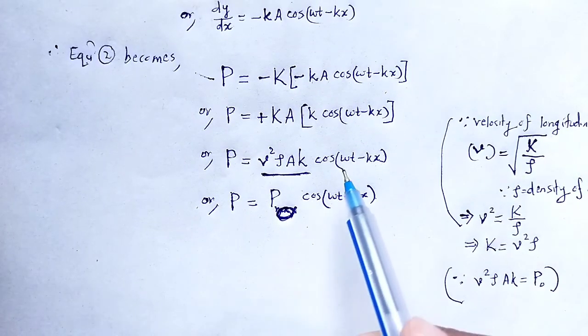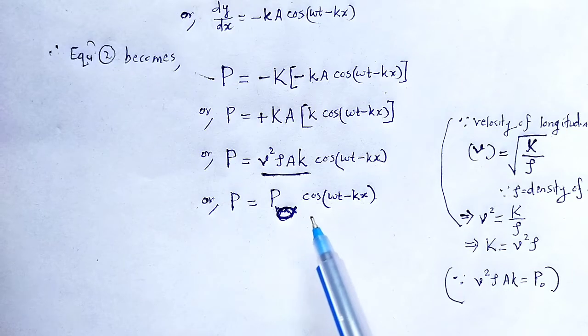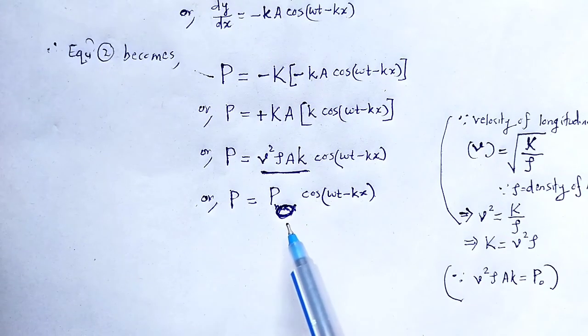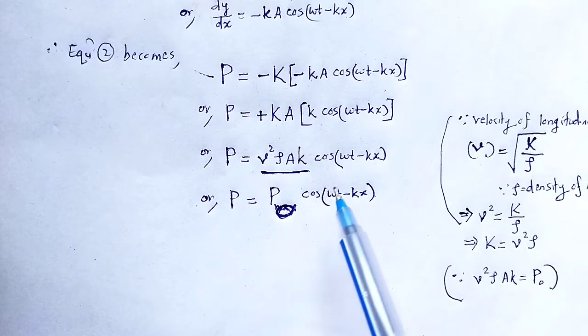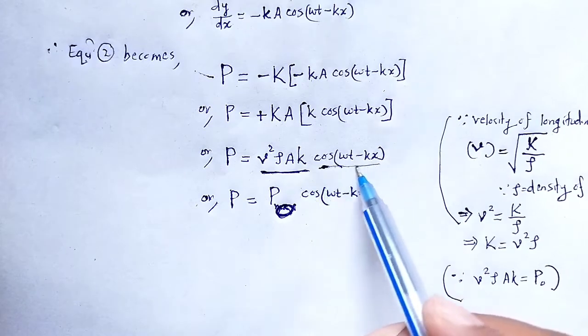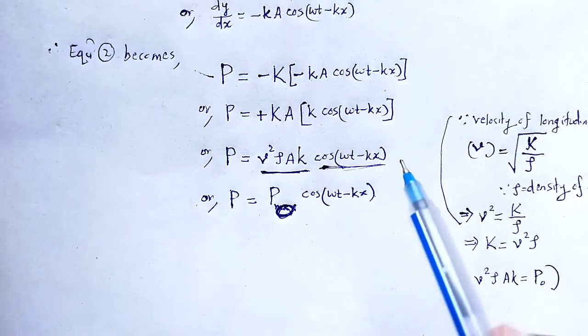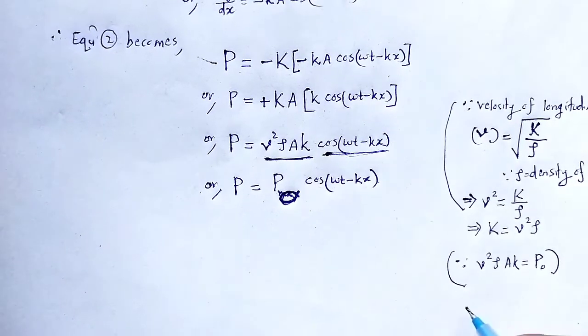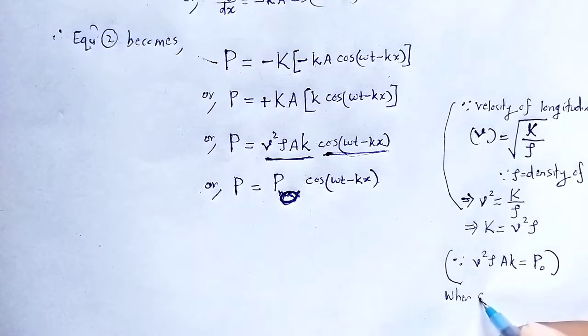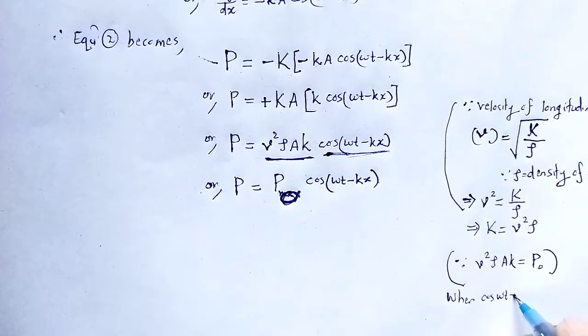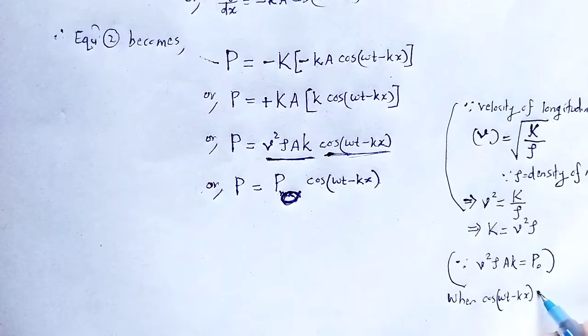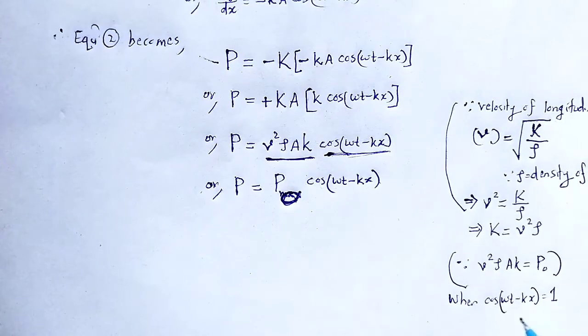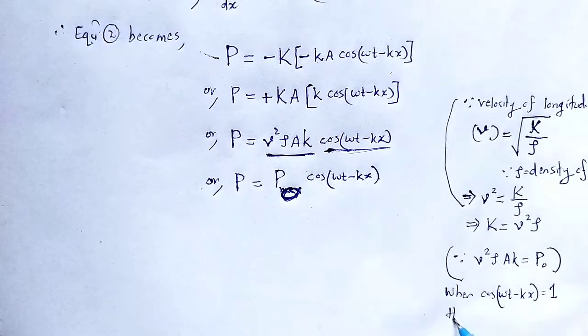Look here, that value will be maximum when cos(omega t minus kx) is equal to 1, meaning the value of cos is maximum.